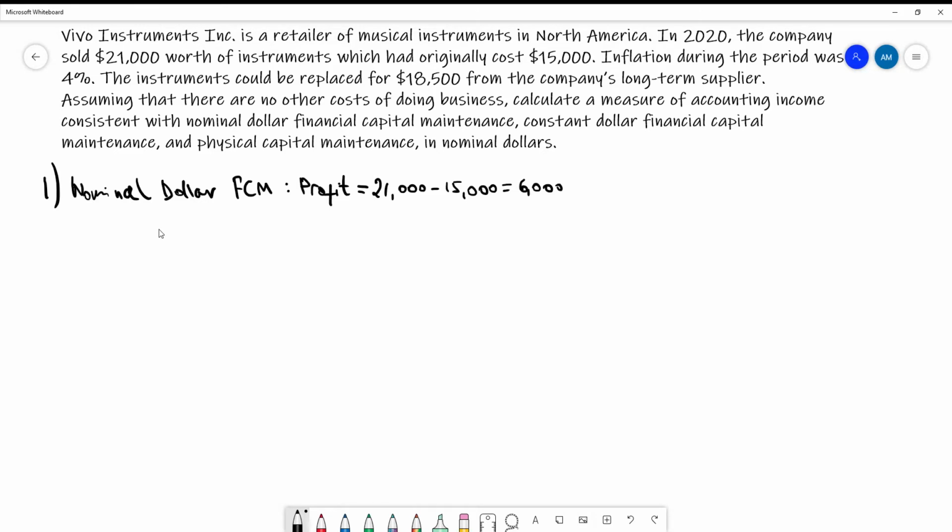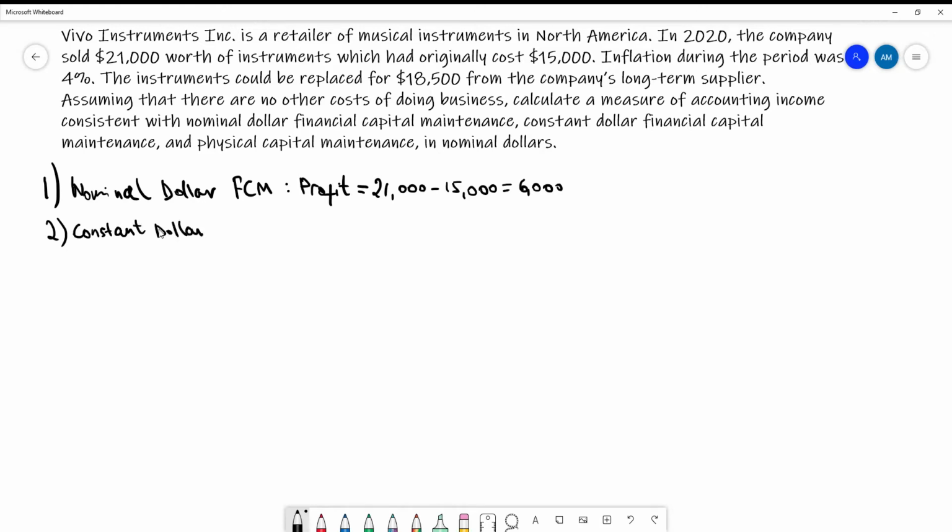All right. And the second one, which is constant dollar financial capital maintenance, we report profits after considering inflation. So it's similar to the first one, but we have to consider inflation. That 4% inflation has to be considered.